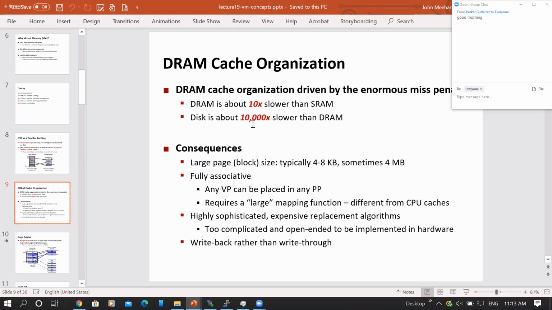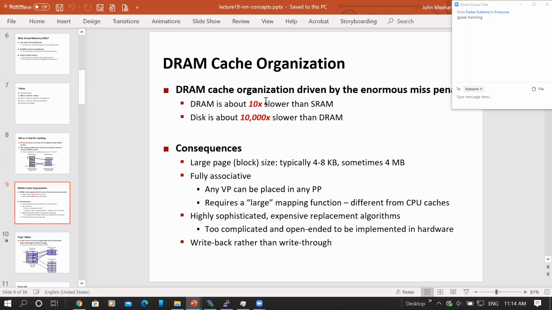There's this huge penalty that lives there, right? So if you're thinking of the virtual memory as being kind of cached up in the DRAM, then that penalty for going out to the disk is huge compared to the one that we incurred in our physical cache hierarchy.